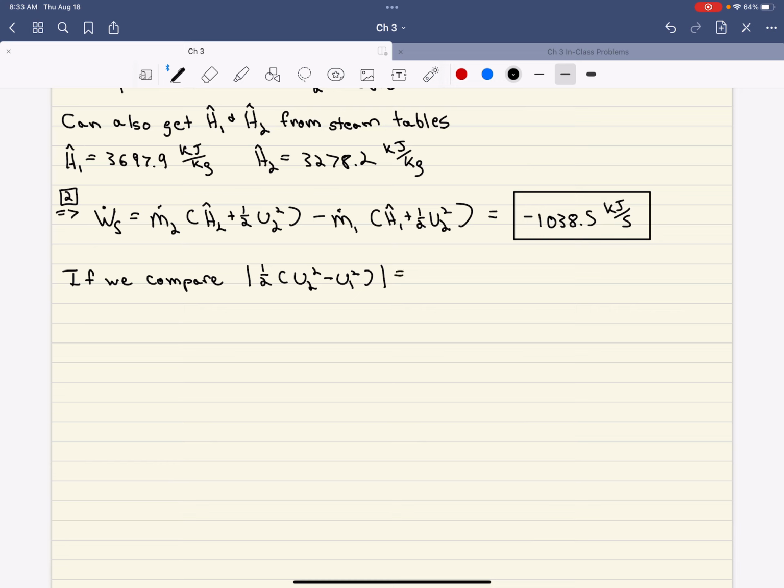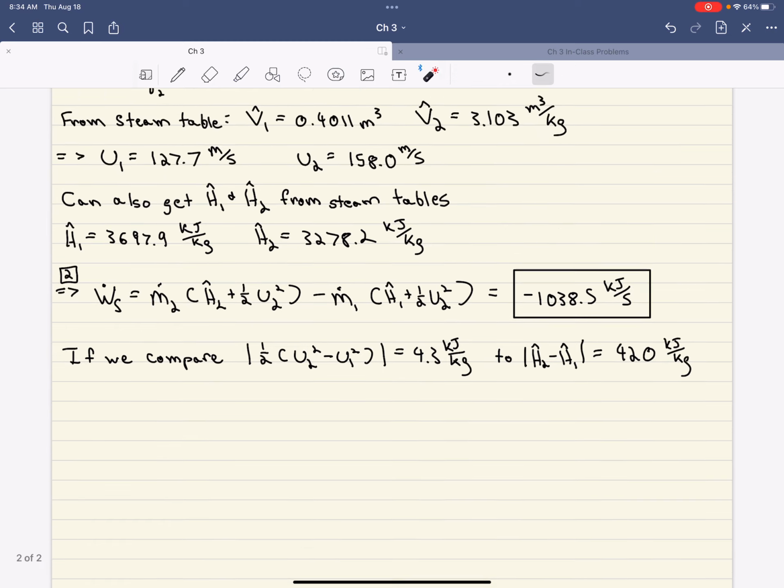Right? And if we take those values and calculate, the number we get is 4.3 kilojoules per kilogram. I want to compare that to the difference between H1 and H2. And that difference is 420 kilojoules per kilogram.